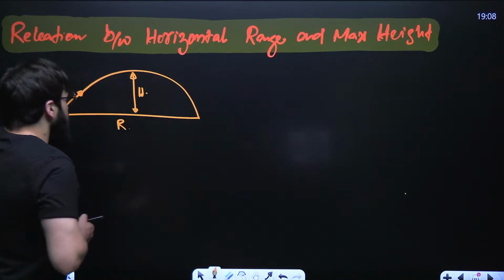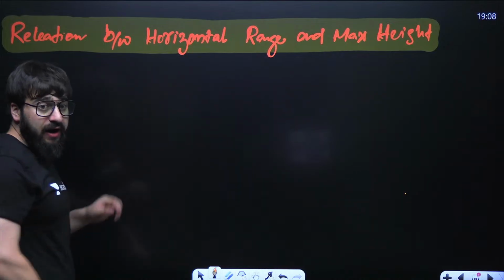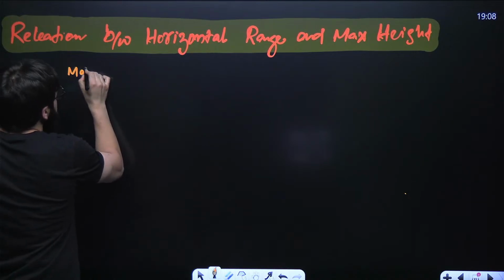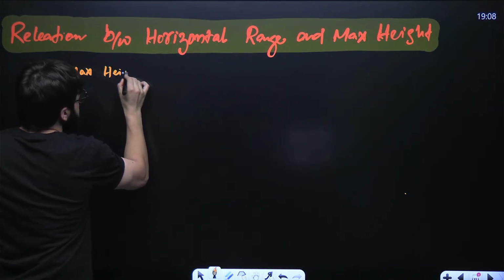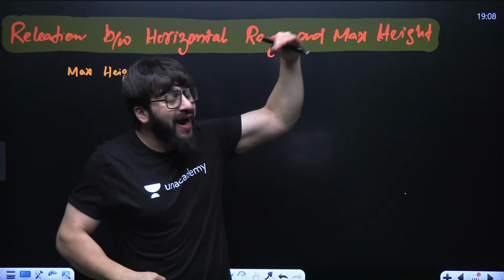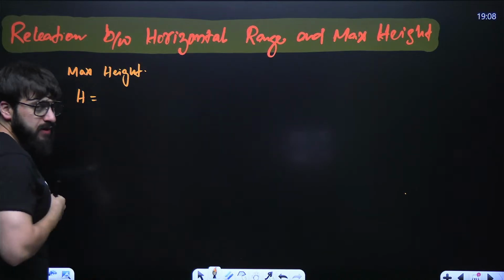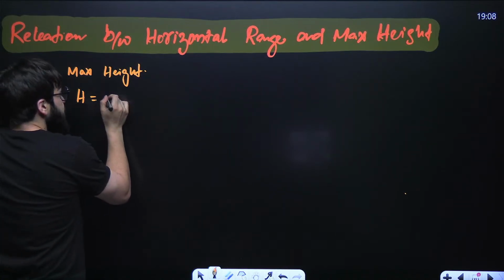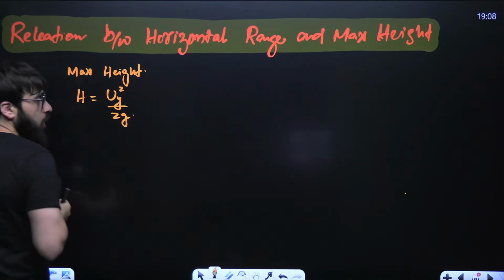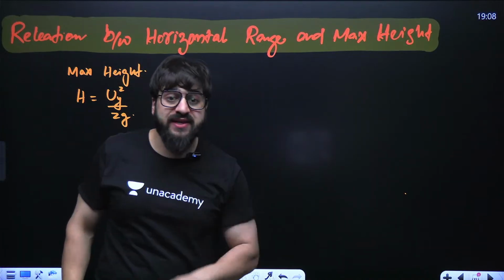Guys, when it comes to the maximum height attained by the projectile, how high it can go, I have told you before, that is uy square divided by 2g, which is also called u square sine square theta divided by 2g.